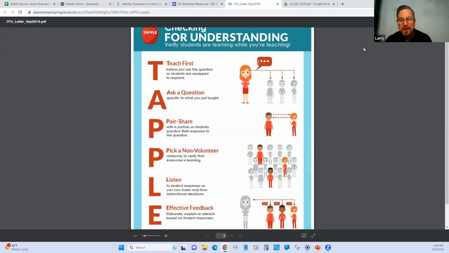Thank you. Okay. So now, what are we trying to do here? What we're trying to do is remember that checking for understanding is the crux. This is the meat of everything we do. We do not advance any lesson unless we make sure and understand that our students are with us. This is the way that I remember it, and how it helps me. If I'm leading, I want to make sure that my students are following me and not getting off the path.